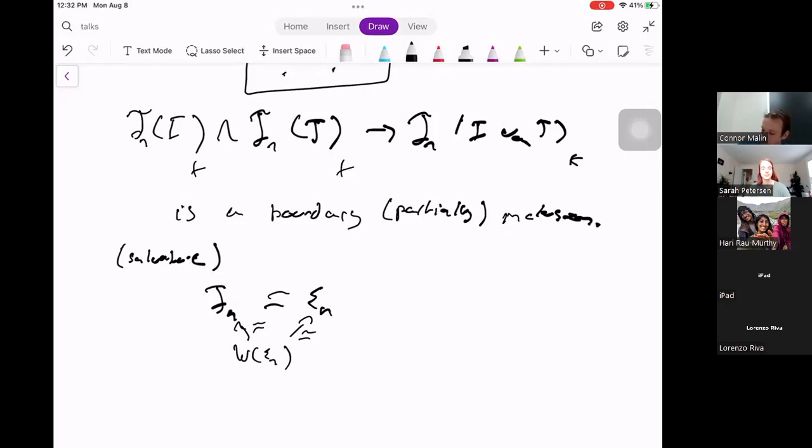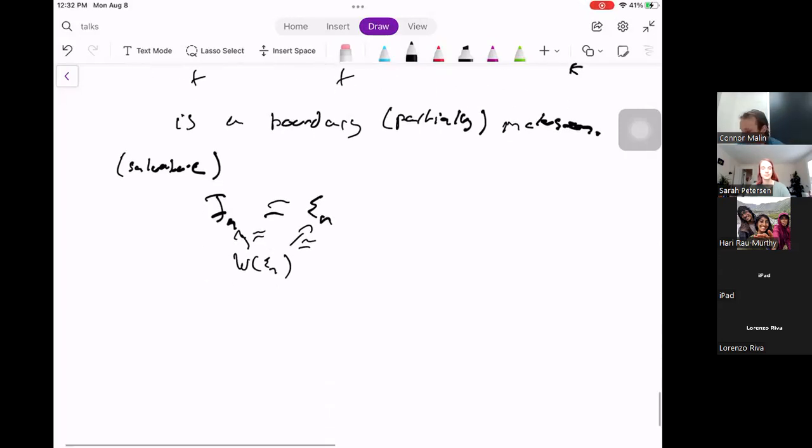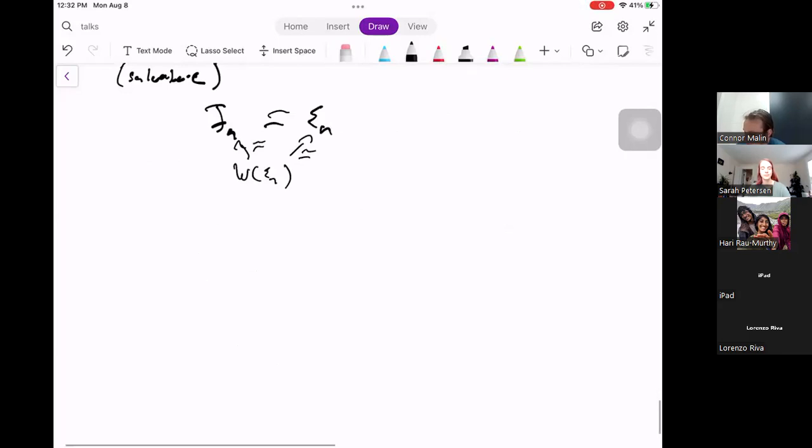Okay, so I should tell you what Koszul duality is. Here's a definition. If O is an operad, this should be in spaces, but it makes sense in spectra.